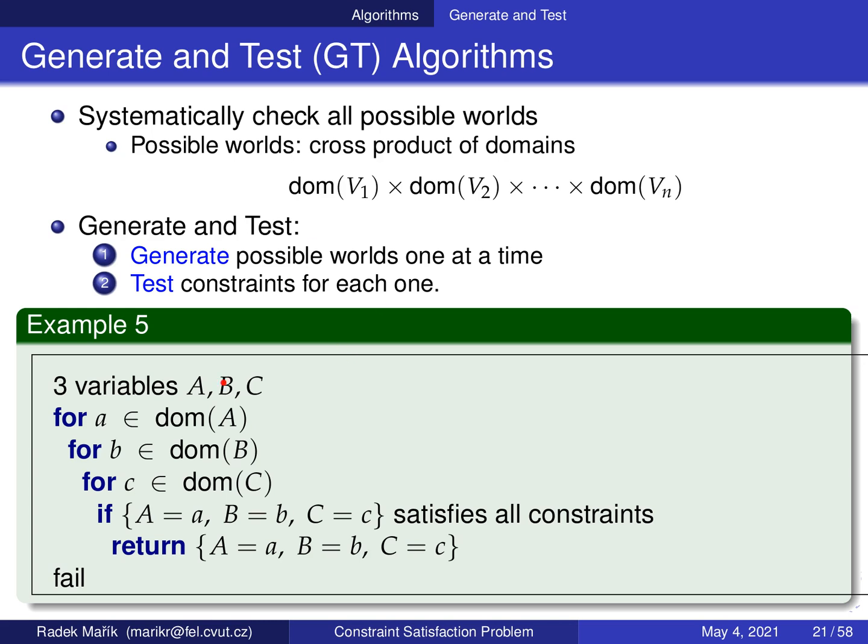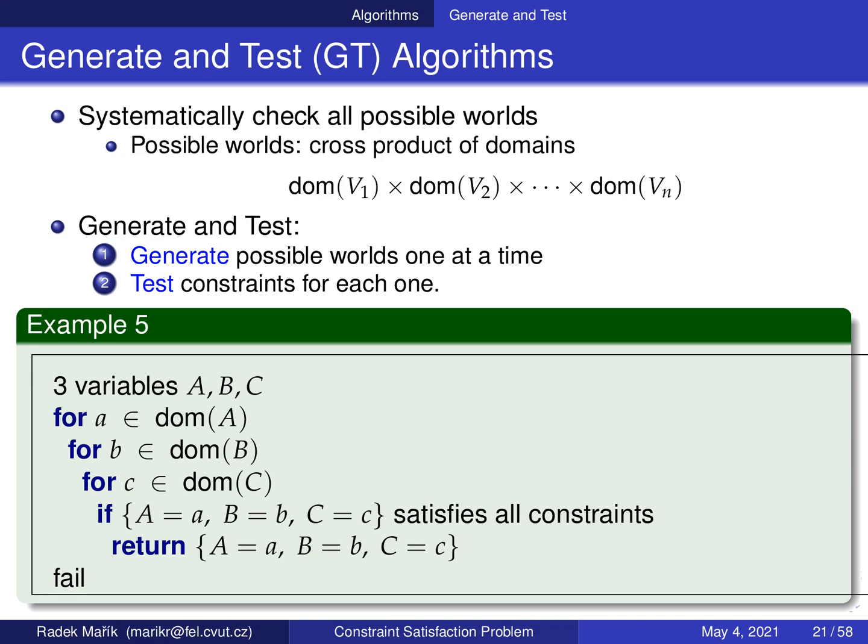The code for just three variables can look like this: for A in domain of A, for B in domain of B, and for C in domain of C. If the variables are assigned to these values, then check all constraints.